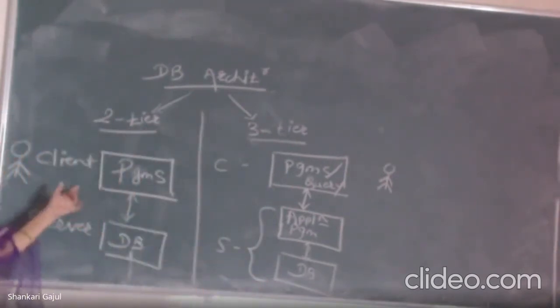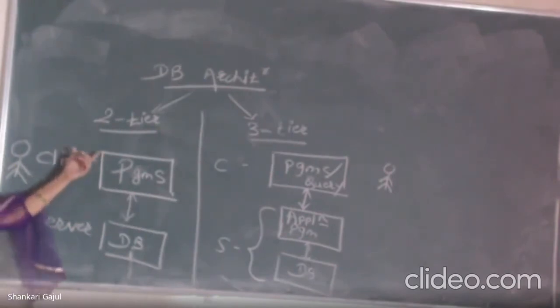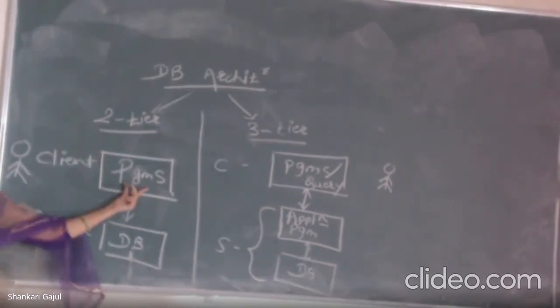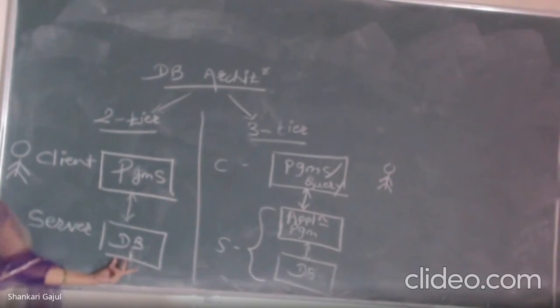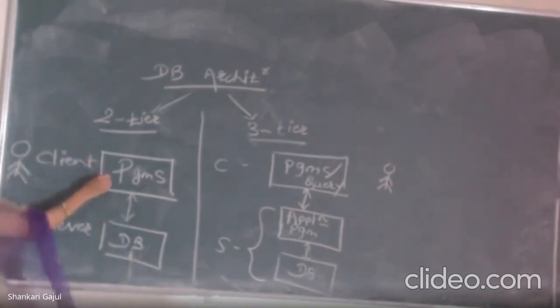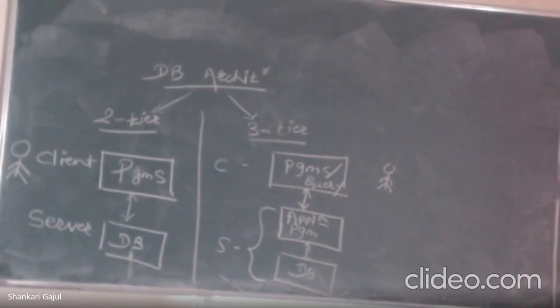Now see this figure, where this part is the program module and this is the database. The programs are nothing but the application programs, already written by the so and so programmer. So I can say these are the front users.